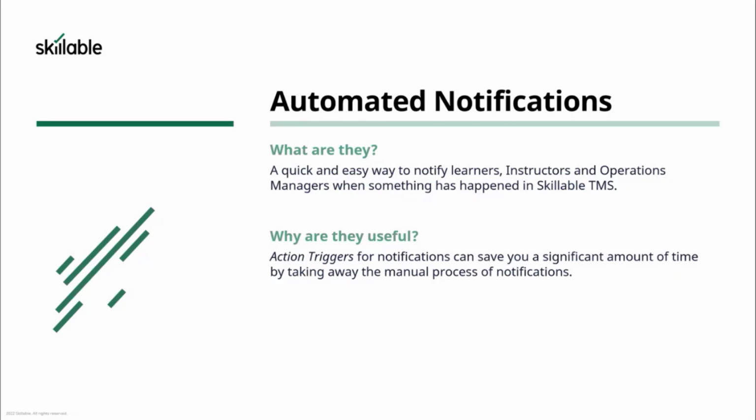It could be the class time has changed, or for a learner, that they've been assigned a subscription profile, or a notification to your ops manager saying that this learner has completed this course. What they do is save you a significant amount of time by taking away the manual process of notifications.